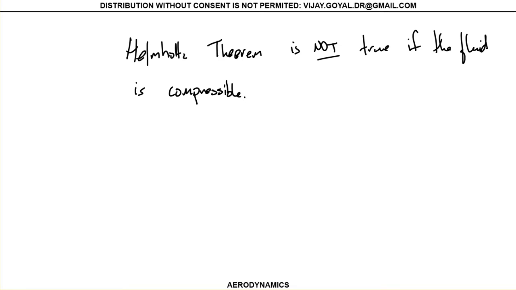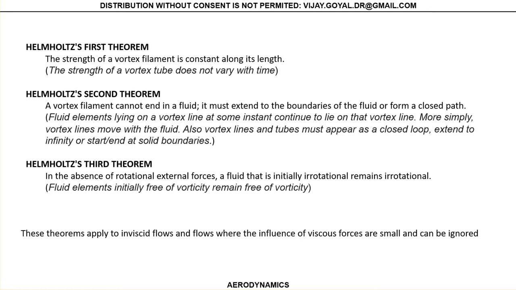Now the theorem can be simplified in three theorems. This is the first theorem, second theorem, and third theorem. The first theorem says that the strength of the vortex filament is constant along its length. The second one says the vortex filament cannot end in a fluid.